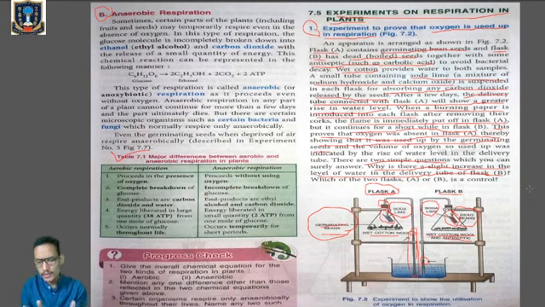Now, simple things you can just assume. Suppose you have taken a bottle of Coke or a Pepsi. Clear? Let's say you are taking a Coca-Cola. Then you are inserting a straw into that bottle of Coke. As soon as you insert that straw into the bottle of Coke, you can see the presence of liquid inside the straw.